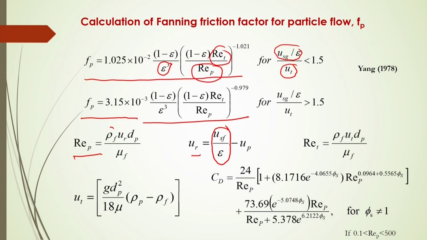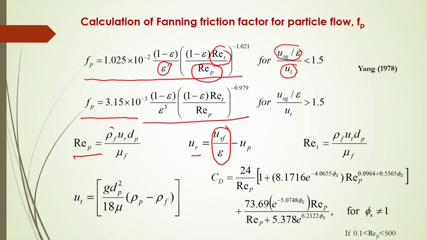Now, for a gas solid fluidized bed you have to consider USG, where instead of F it will be G. So, USG is nothing but the superficial gas velocity. If you divide the superficial velocity by the voidage you will get the average gas velocity inside the bed, or you can say the actual gas velocity inside the bed.